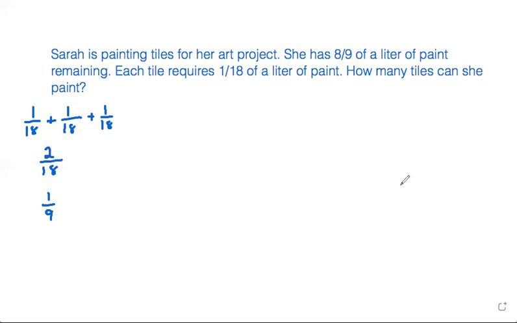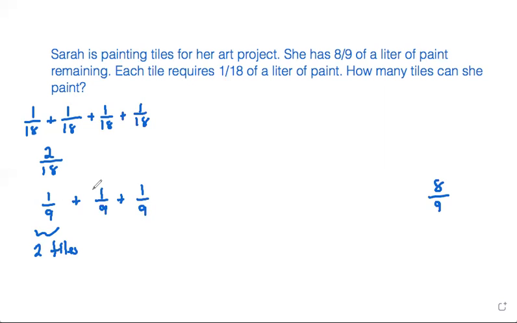So since we're trying to get to a sum of 8/9, we could keep adding these up individually. But one thing I know is since every two of them I add to get 1/9, and if I'm adding a bunch of 1/9s, 1/9 plus 1/9, this represents two tiles, and then this one represents another two tiles, and then another two tiles.